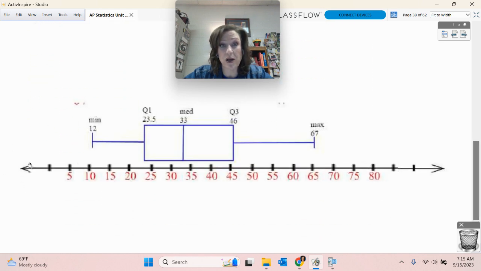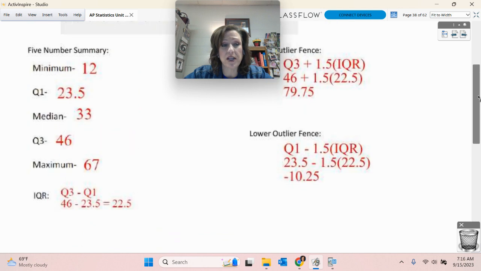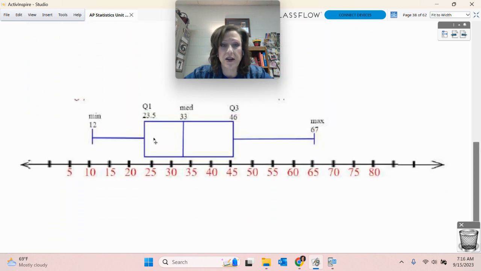And see, in here, I do not include the negative, the lower fence. So therefore, I wanted to go from 12 to 70, or I wanted to go from maybe at least 10 to 70. So there I just decided I wanted to go by fives. Okay, so there's the scale.